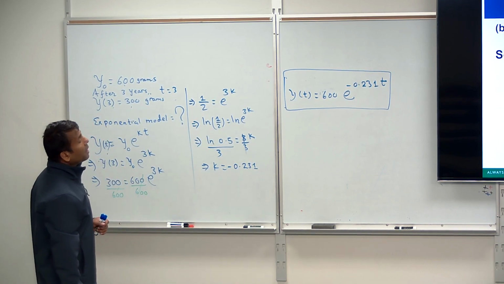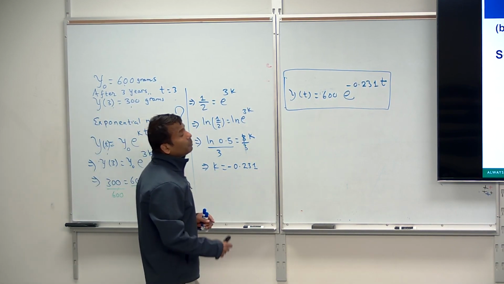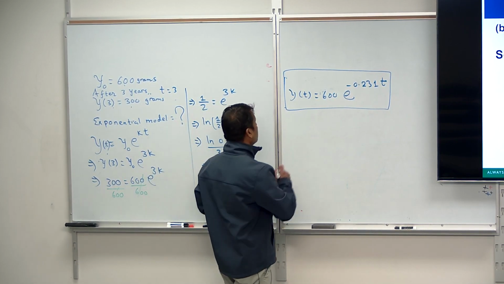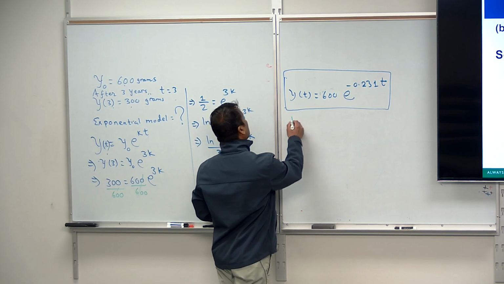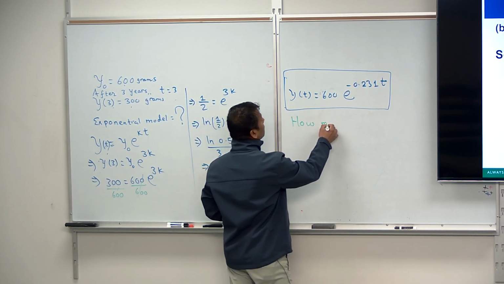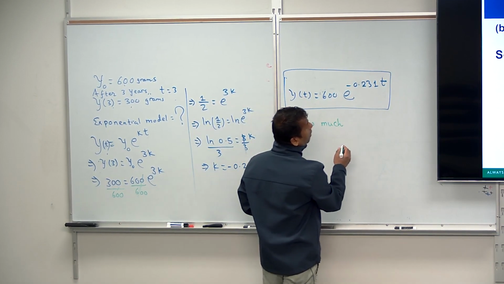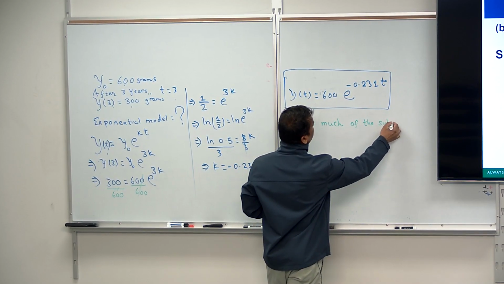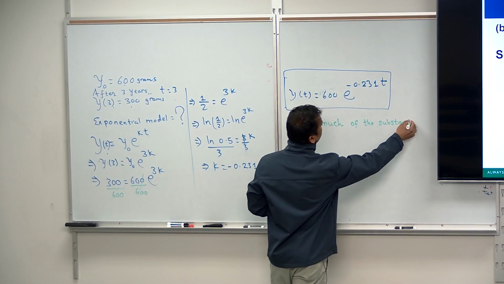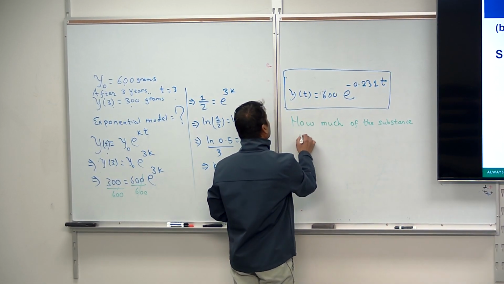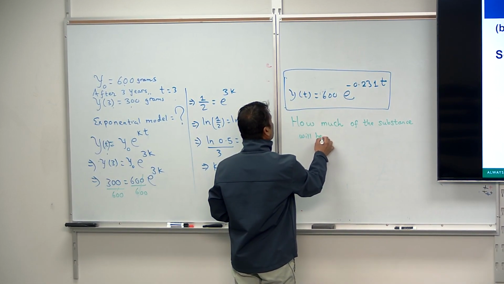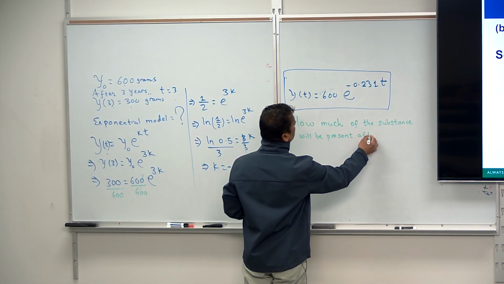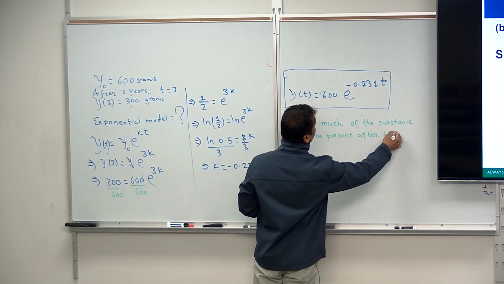So now part B is how much of the substance will be present after 6 years. So the question is how much of the substance will be present after 6 years.